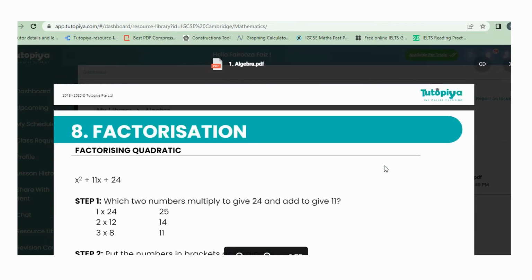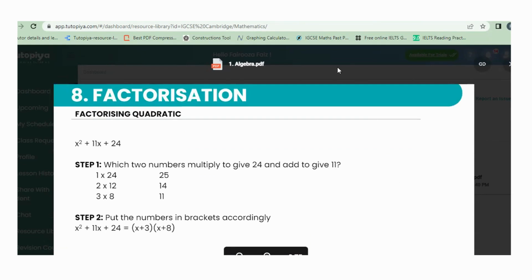Factorizing is, you write a particular expression, a product of 2 or more, as a product of 2 or more. Let's say 15 can be written as 3 times 5. So that we are going to apply for quadratic expressions. We did expansion, so factorizing is the opposite of expansion. Okay, we have the example here.